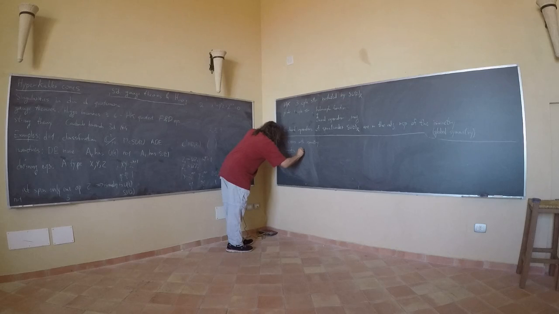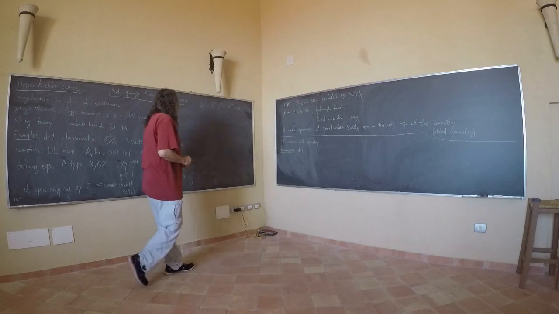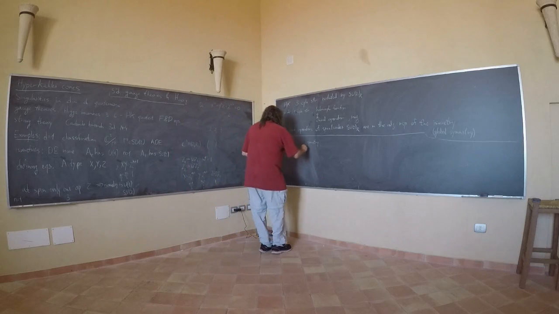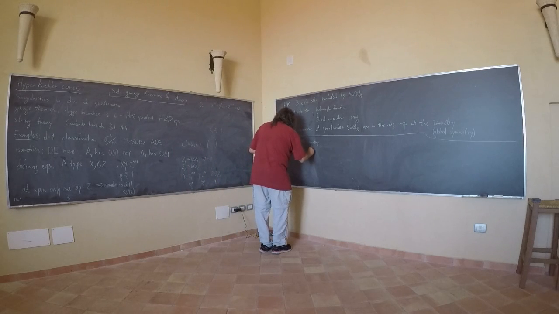In D equals 2, and ask what kind of spaces can we get which are singular. And of course, we could just take an ALE space times another ALE space. That's an obvious thing.